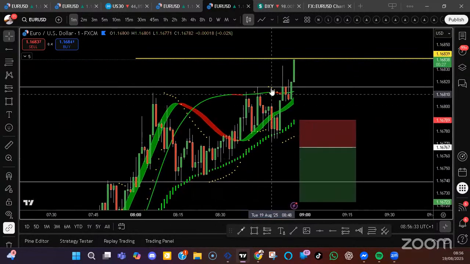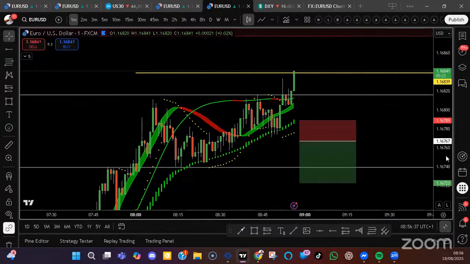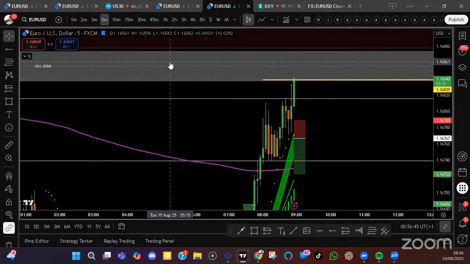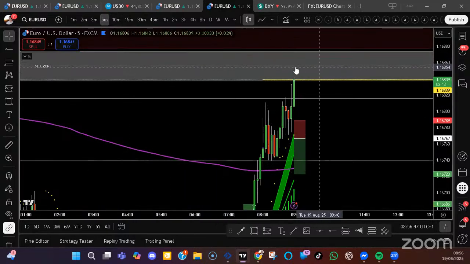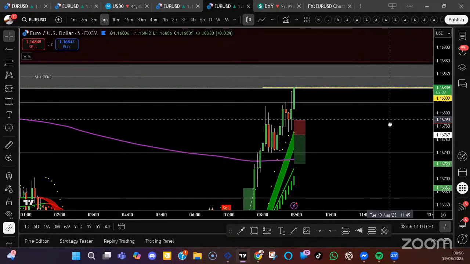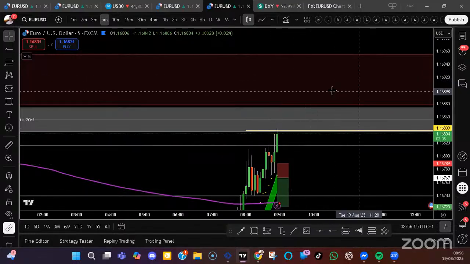Oh, but there we go. Getting into these sell zones now, which is what we call an order block, because you know there's some sell orders here to take, and they know that they need to get there eventually.